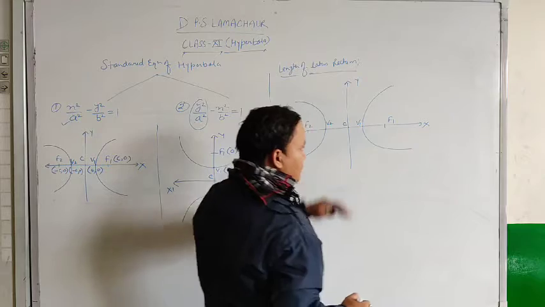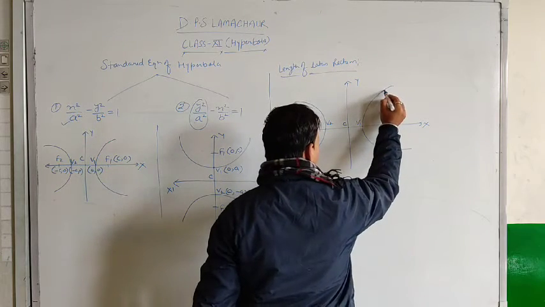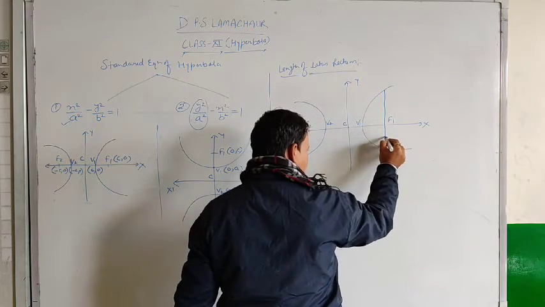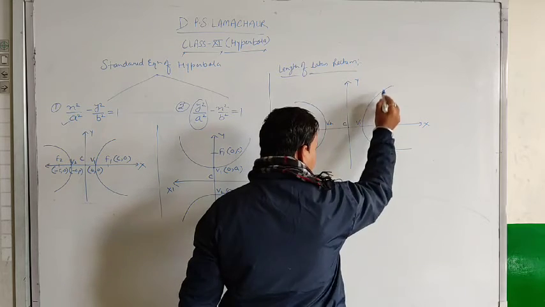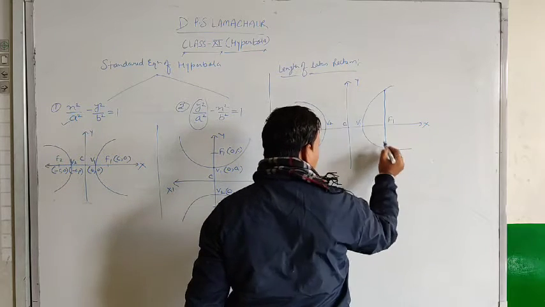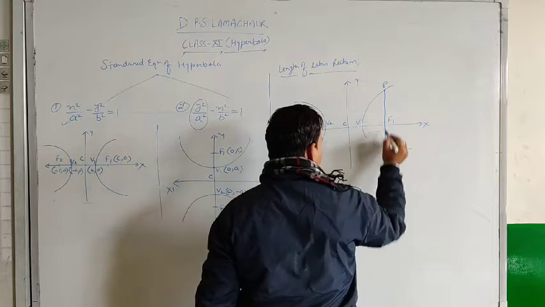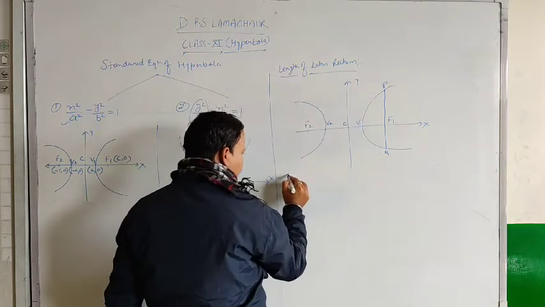So what is latus rectum? Latus rectum is a line segment which passes through the focus and intersects the surface of the hyperbola at 2 points.